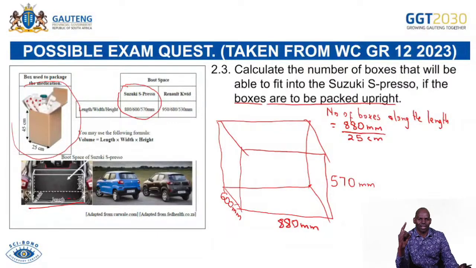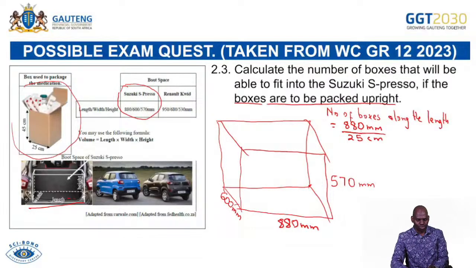If you still don't know how many centimeters equal a meter, how many millimeters equal a centimeter, how many kilometers equal a meter, I promise you, you are going to struggle with a lot of questions, if not all of them, in Paper 2. So please make sure you master the basic conversion, because you are going to use it in most of the calculations in Paper 2.